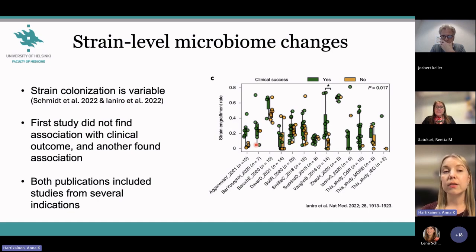Interestingly, the first study by Smith et al. did not find an association between strain engraftment and the clinical outcome, whereas Ioner et al. actually found a connection between strain engraftment rate and clinical success. However, both of these studies included many indications in their analyses, and they also partly used the same data.